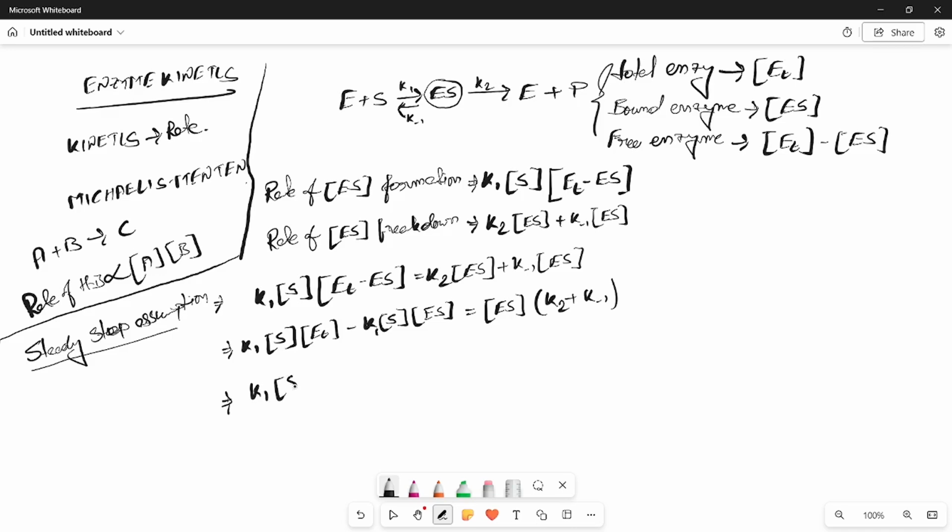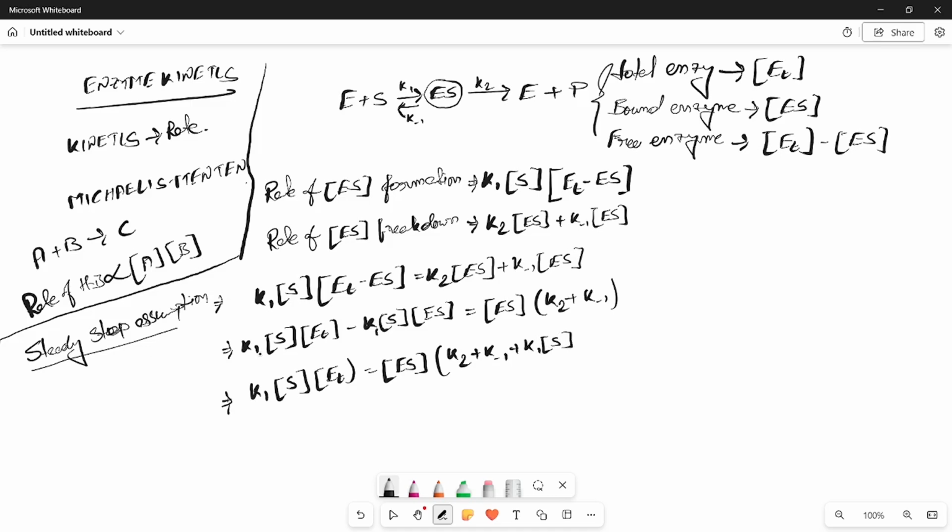K1 S ET equals, then I will keep ES as common on this side, ES multiplied by K2 plus K minus 1 plus K1 S. Right? Till now we are on the same page.